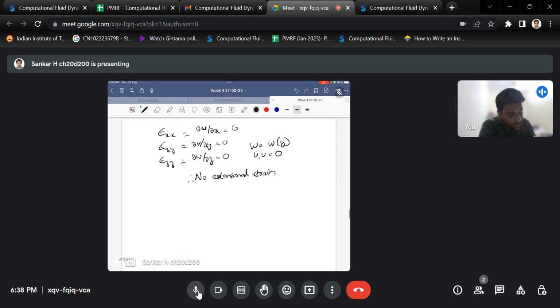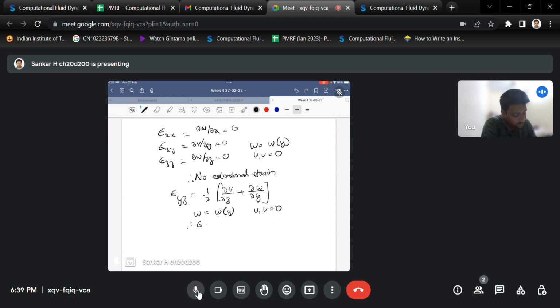And shear strain is given by, let's assume, epsilon yz, which will be half of dou v by dou z plus dou w by dou y. And we again showed that w is a function of y and u and v are 0.